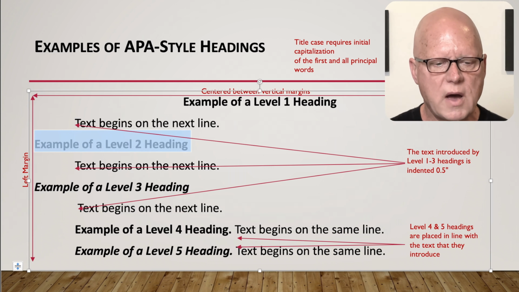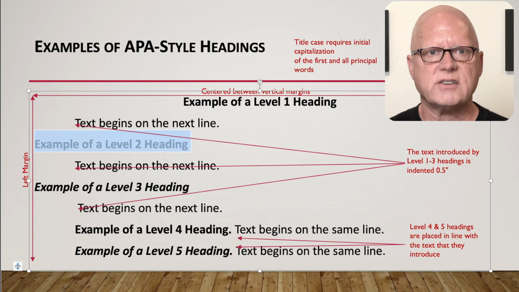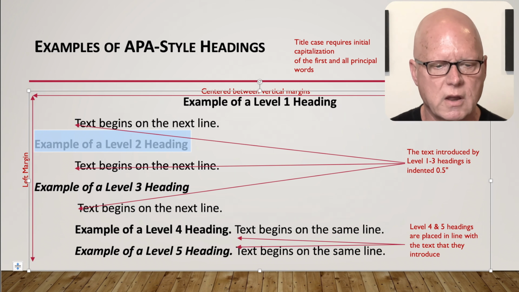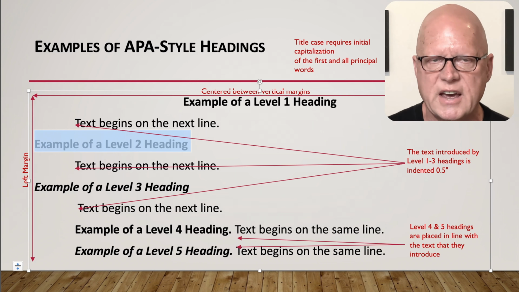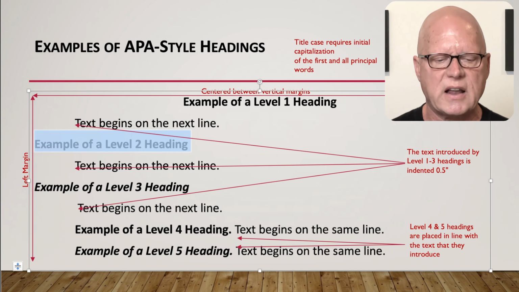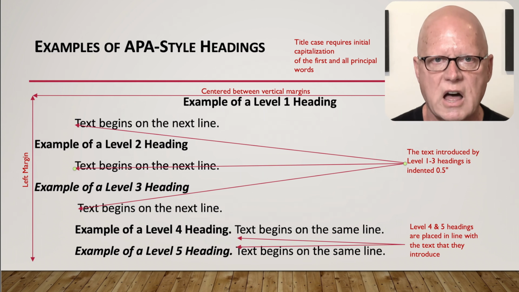A Level 2 heading is flush left, meaning flush against the left margin, bold, title case. And again, the paragraph text that immediately follows it is prepared as body text with a first line indentation of 1/2 inch.